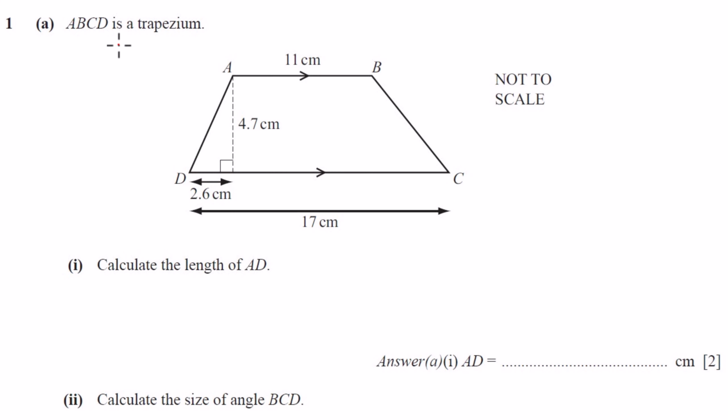For the first one, calculate the length of AD. To calculate the length of AD, we need to consider the triangle ADG. Let's call this place G, for instance.